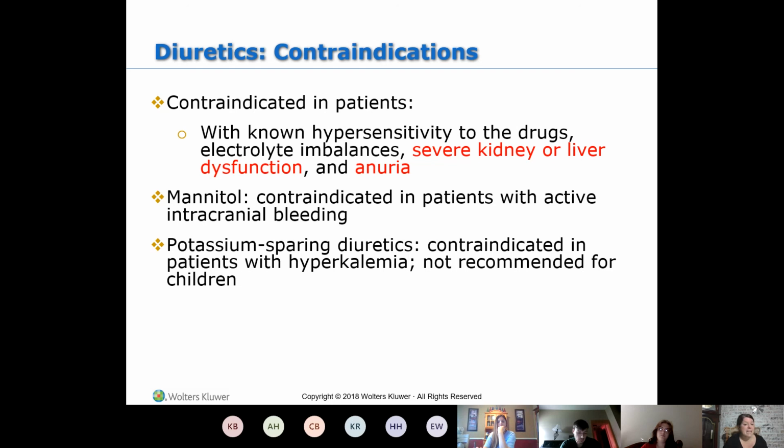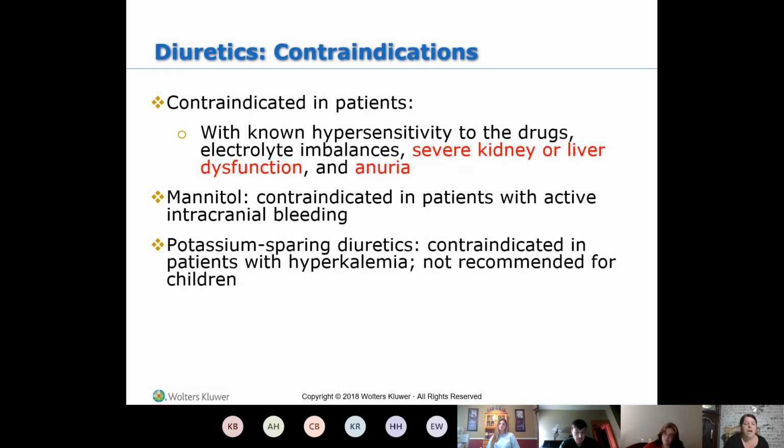If their kidneys need a little bit of help, the physician might put them on a diuretic. But if their kidneys are just shot, diuretics sometimes cause more damage than good. It's kind of like pushing a broken car. You can only do so much if they're just shot.